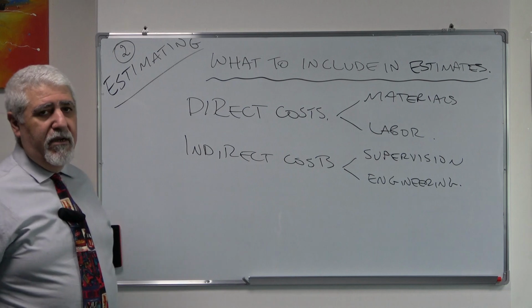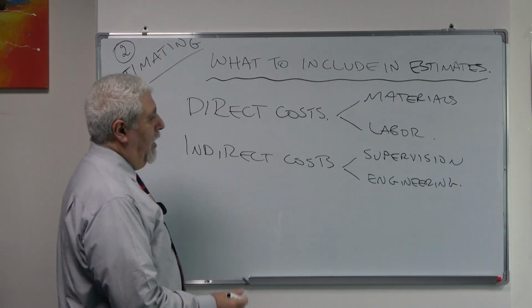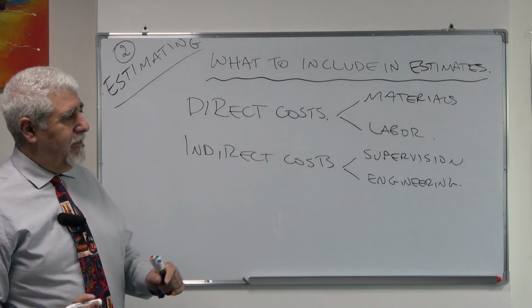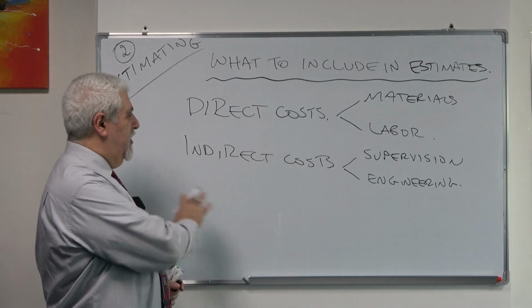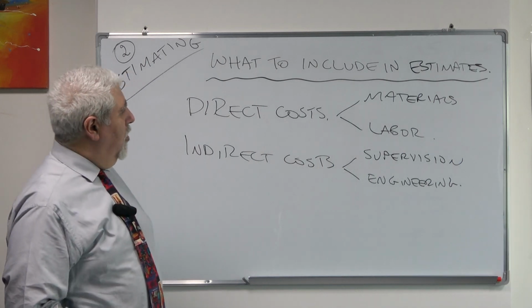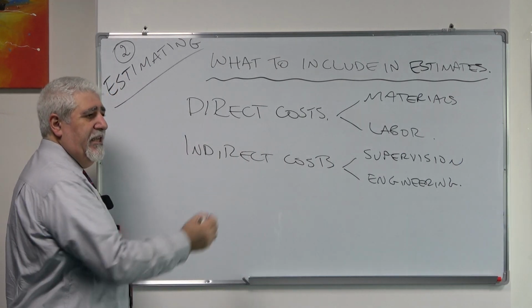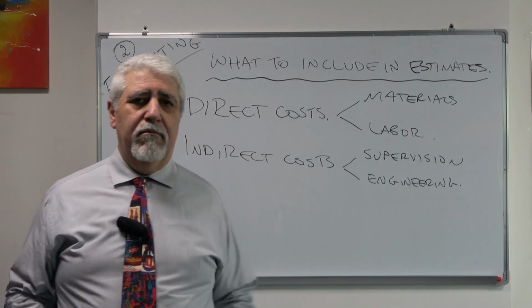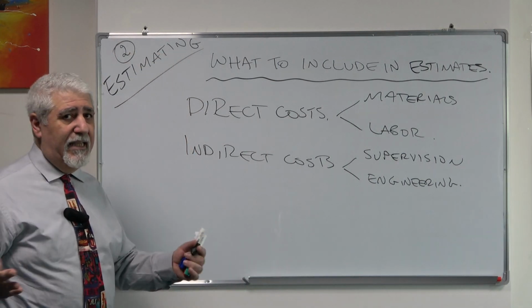And maybe there will be also some other cost, but I'm going to leave them for now. I'm going to put them as a separate category. So basically we have direct and indirect costs, and that will give us basically the bottom cost for a project, but this is not done yet.